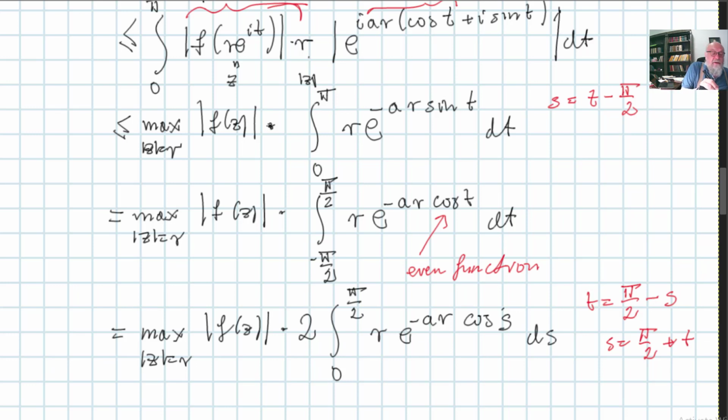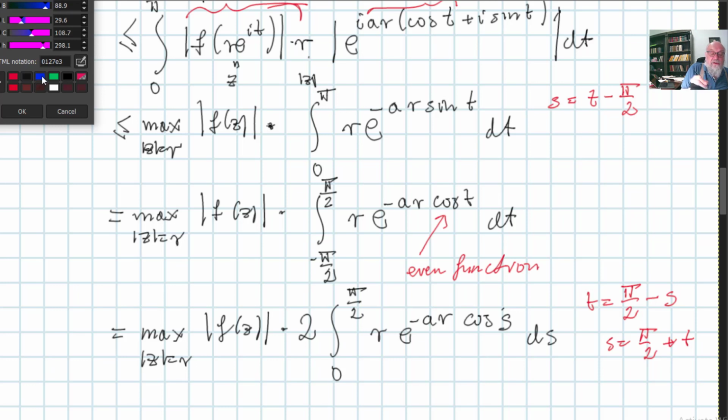Did I do it? Okay, this should be done very carefully, so let's make sure there are no mistakes here. Clearly, if t is pi, then this becomes pi over 2. If this is 0, pi, that's okay.